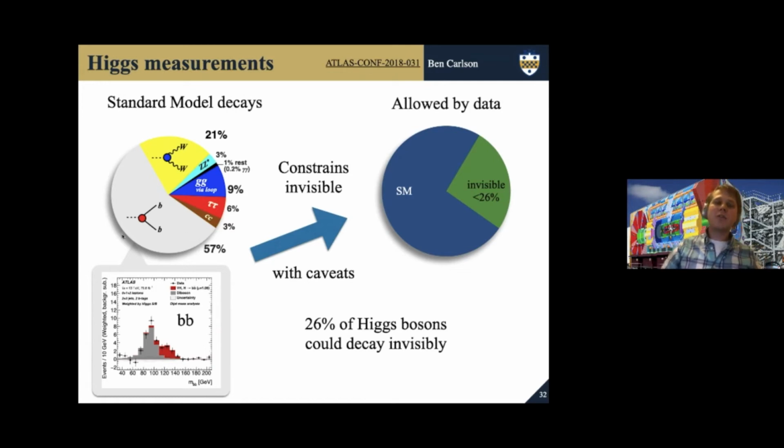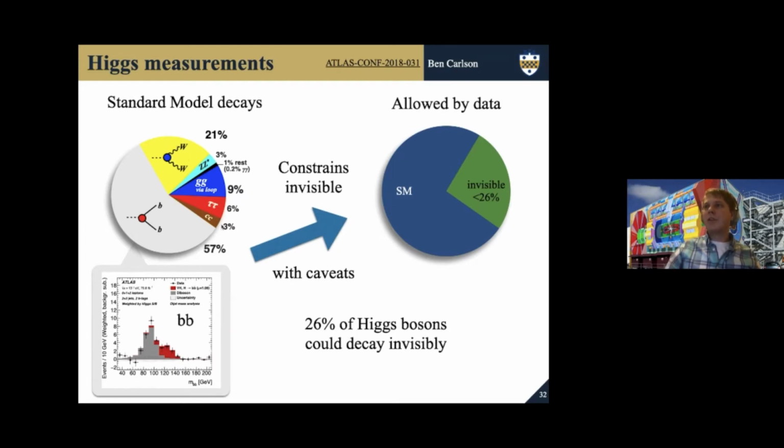We know what the branching fraction or the rate of the Higgs boson decaying to the standard model processes are. So we know, for example, that the Higgs boson decays to two B quarks, with 57% branching fraction. So that's the biggest one. And actually, you can see that in this plot here, where this is a relatively recent discovery by ATLAS showing that we can actually see this process.